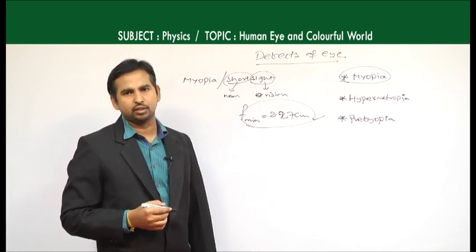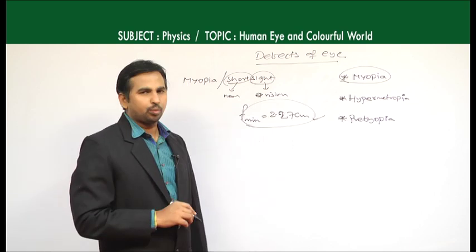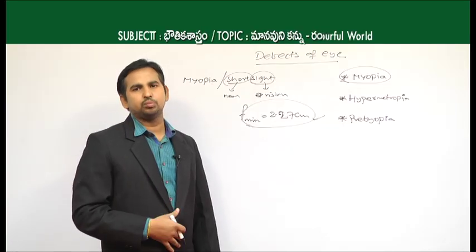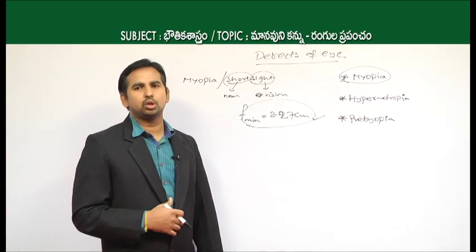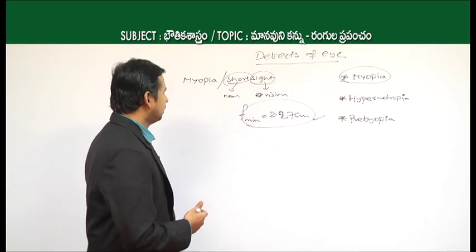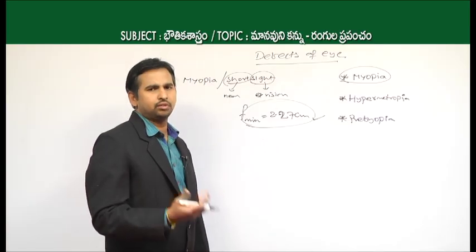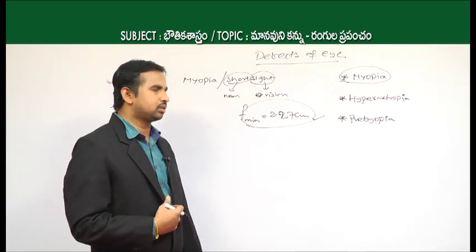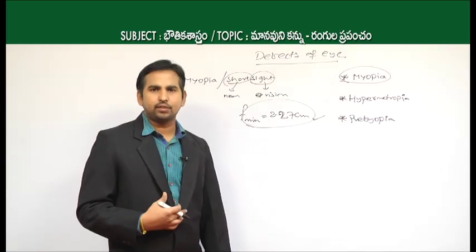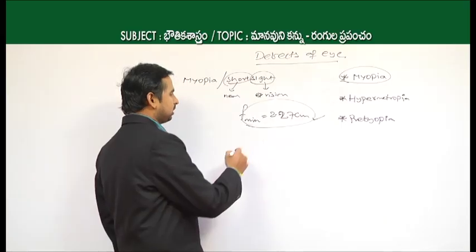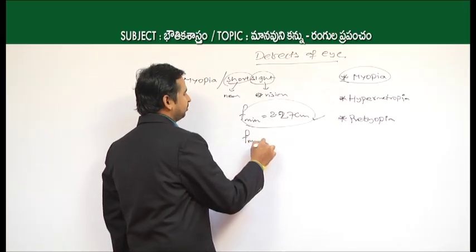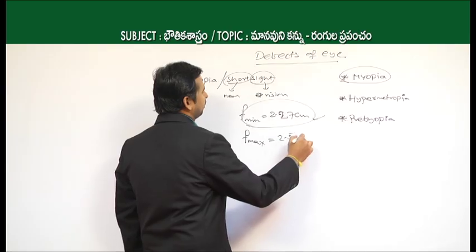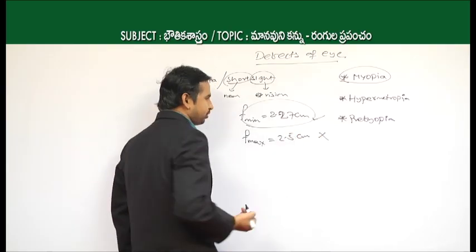The myopia problem is that we cannot see the far distant objects clearly, but we can see the near distant objects very clearly. The problem is with the far distance, which is the maximum focal length of 2.5 centimeters, and that is not being adjusted.